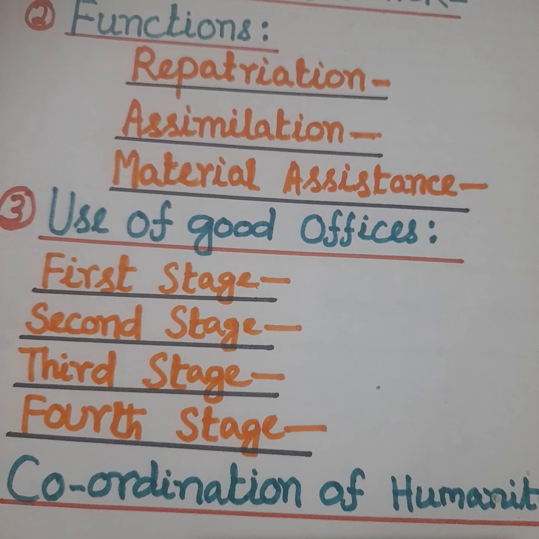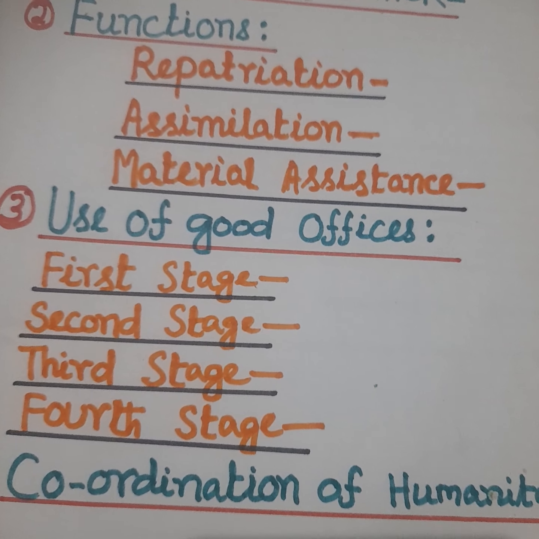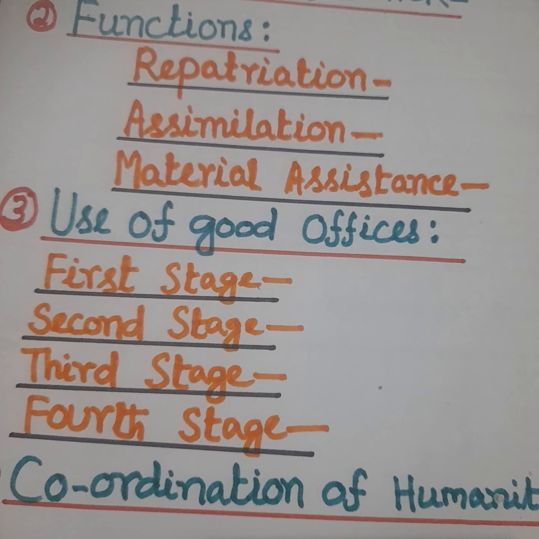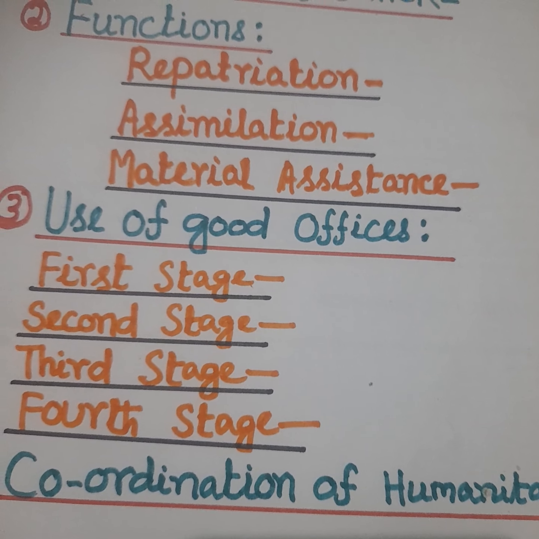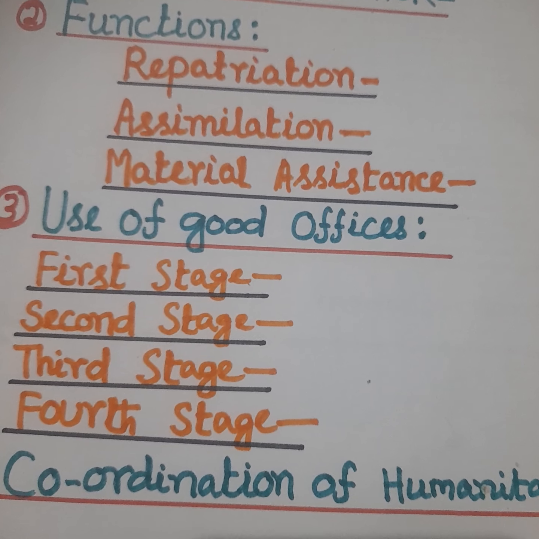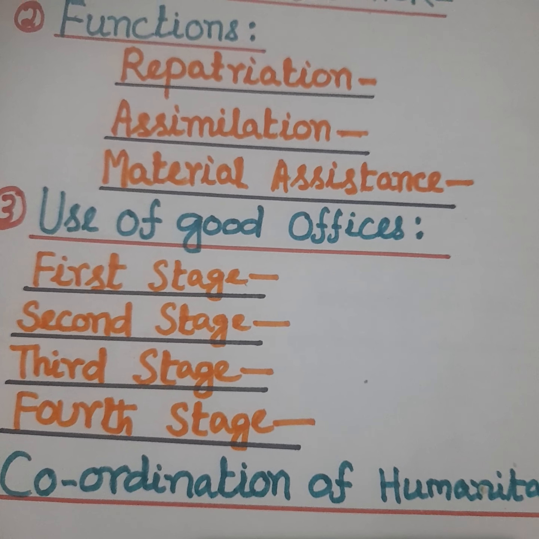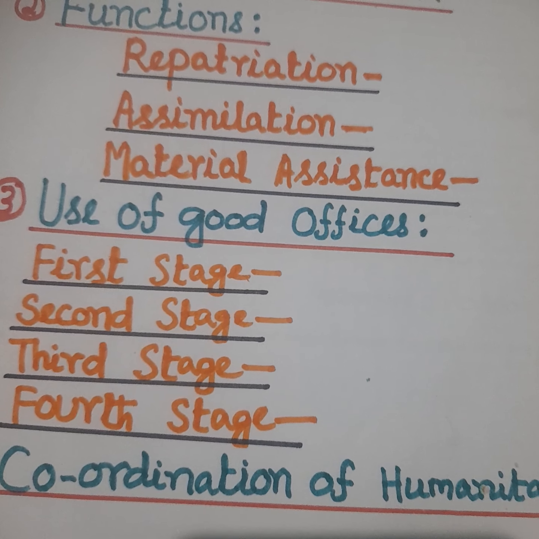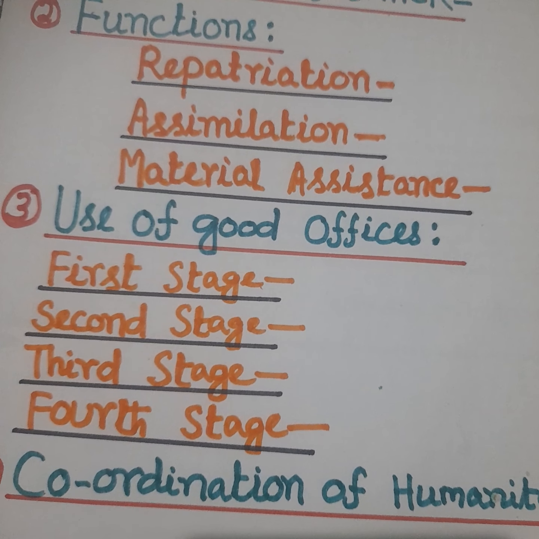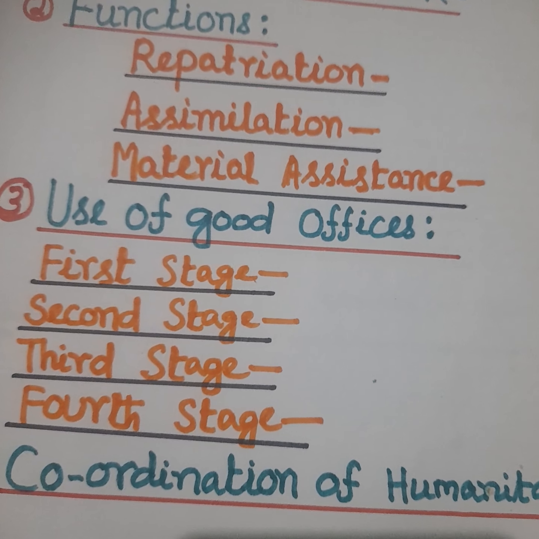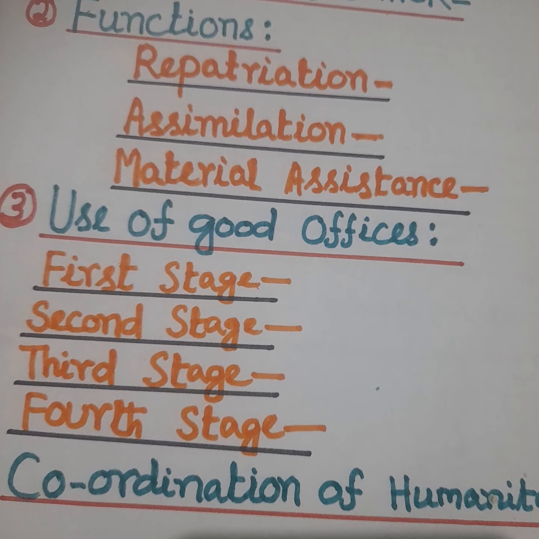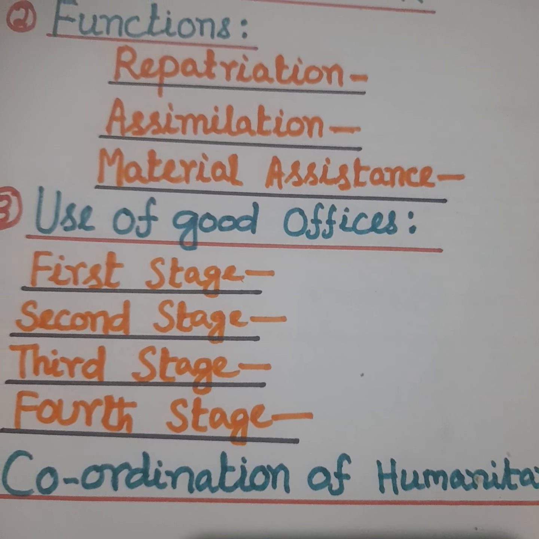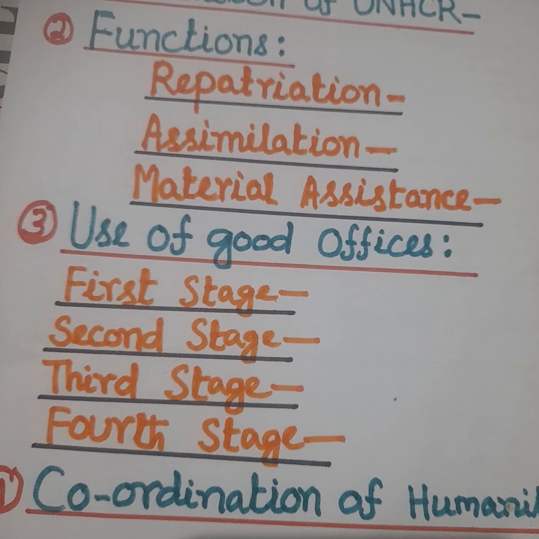The General Assembly mentioned refugees and displaced persons side by side for the first time in the history of the High Commissioner's office in resolution 2958 on December 12, 1972.